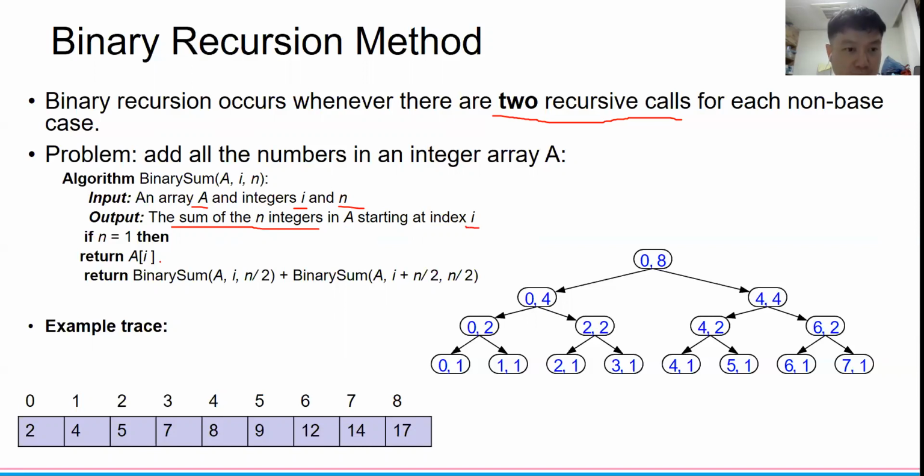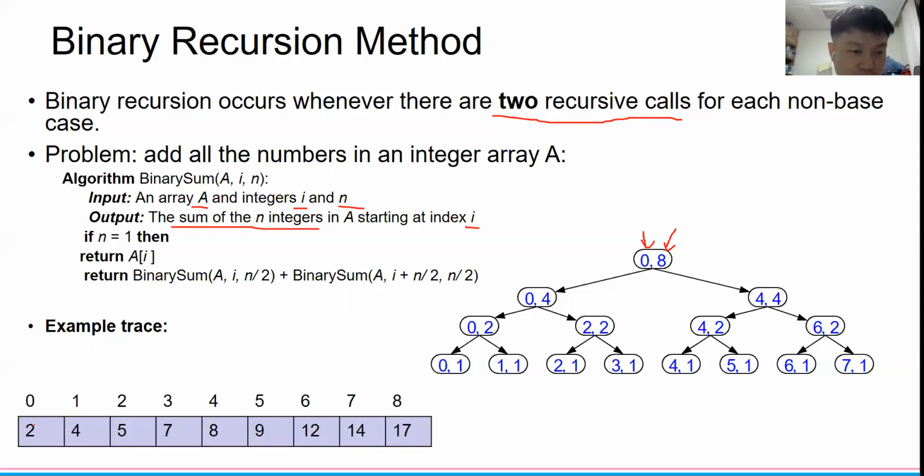If n equals 1, then it returns A[i]. If not, it keeps continuing with the binary sum. So this is the representation. The 0 means the index, and 8 is n, the number of integers that you have.